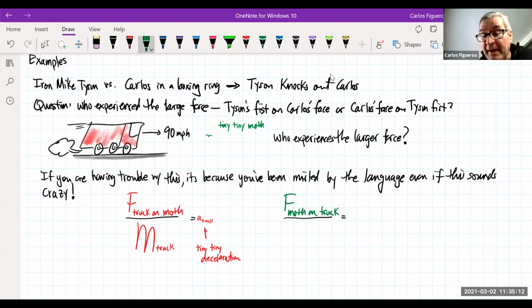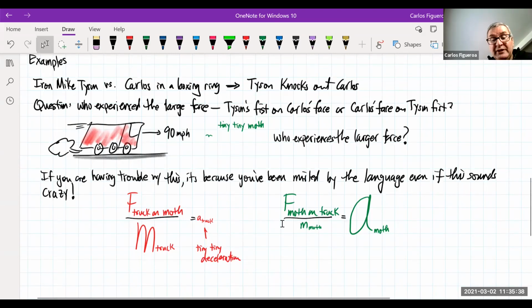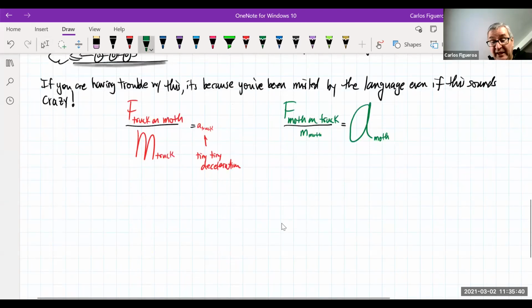But if you look at the mass of the moth being so tiny, this moth realizes for a very split second that it's in trouble because its deceleration is so high that it really damaged it quite a bit.